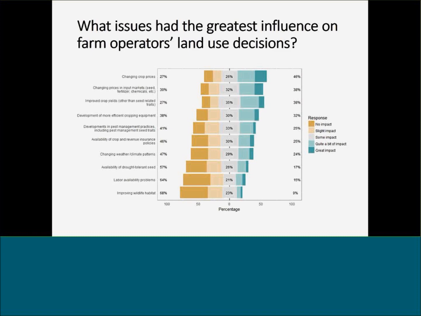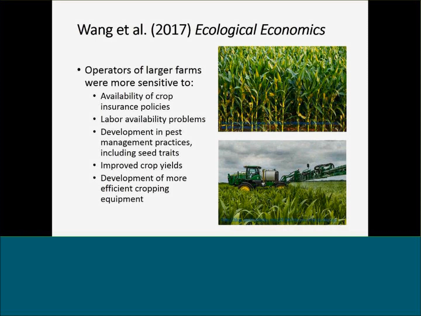And she, I think, provided some results that help us to interpret the results that I came up with. One of the things that she found was that larger farms tended to be more highly sensitive to a variety of these influences than smaller farms: crop insurance, labor availability, pest management practices, crop yields, more efficient cropping equipment.